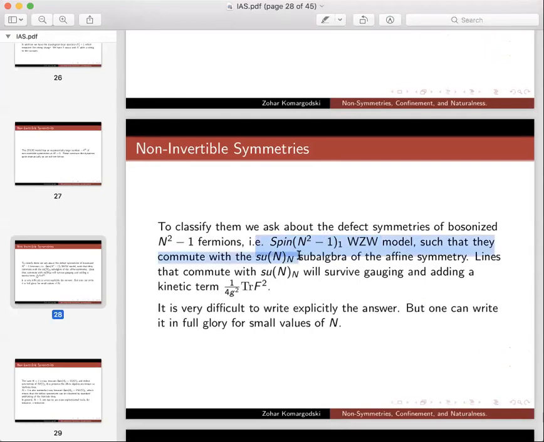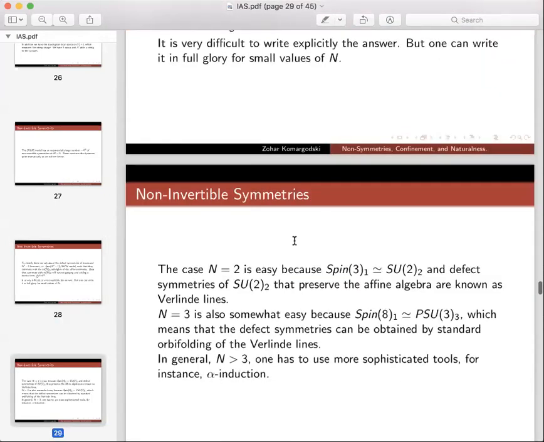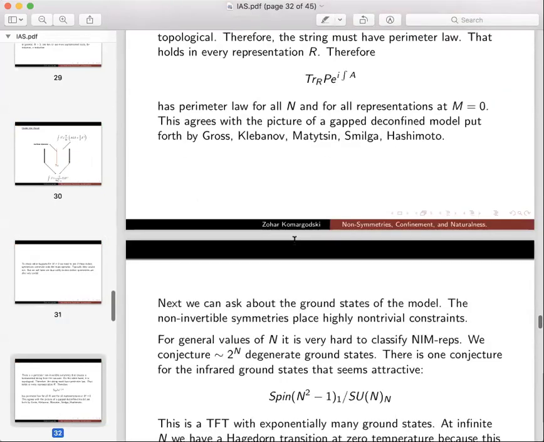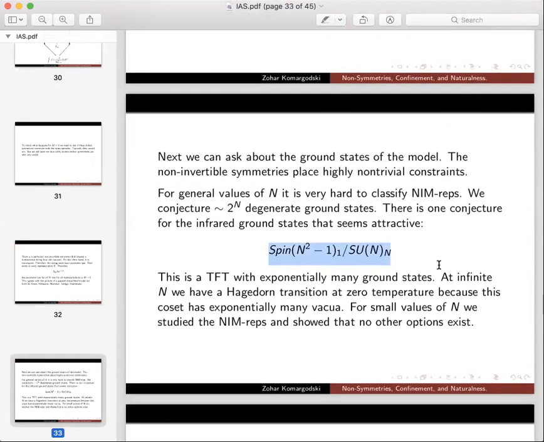This quotient has vanishing central charge. If you compute the central charge of this Wess-Zumino-Witten model and subtract the one of the gauge part, you'll find 0 exactly. So the infrared doesn't have any reason to have massless modes. There is no CFT in the infrared. But you could still have many discrete degenerate vacua.